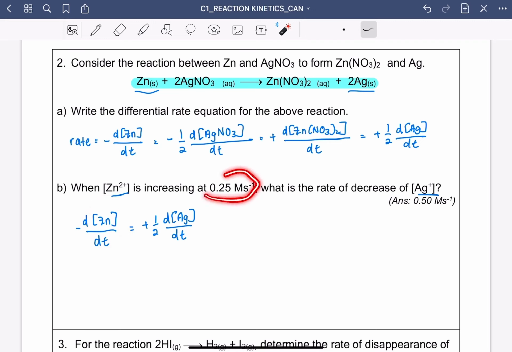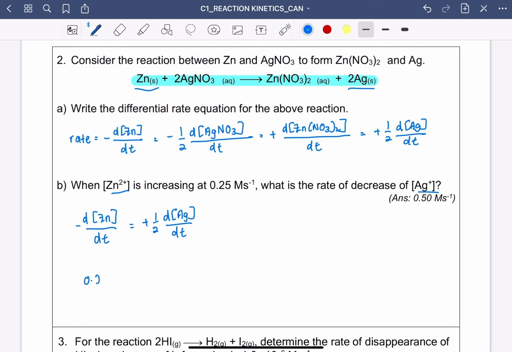Therefore, this 0.25 is equivalent to what you write here, which is 0.25 M s negative 1 equivalent to 1/2 over this. Now, since the question is asking for the rate of decrease, the rate of decrease is actually referring to this argentum over dt, this one.